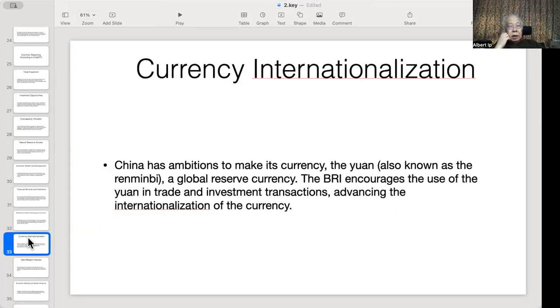Currency internationalization. Not until last year, China, being the largest trading country in the world, being the major trading partner with the majority of countries in the world. The use of Chinese currency, renminbi, yuan, in international trade was only about 3% to 5% before the Russia and Ukraine conflict.